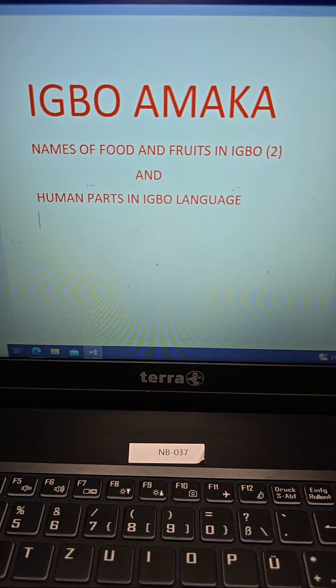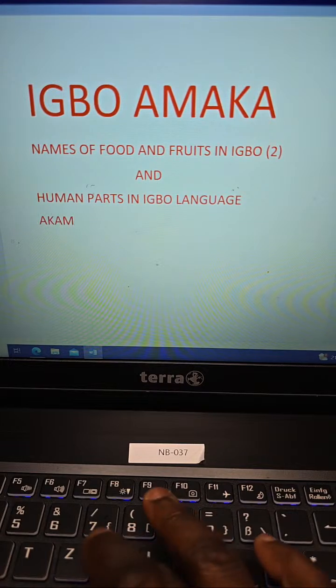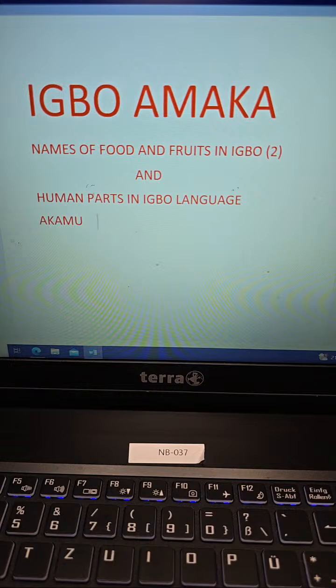So today we're going to start with akamu. Akamu, which is pap.